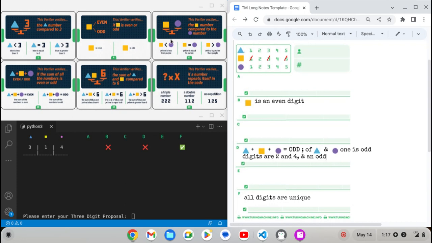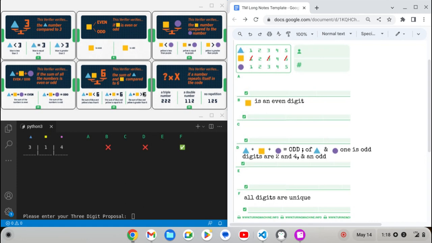Criteria C compares our square and circle. Again, we do have this 2 and 4, so that could potentially help us get closer to our code. And then we also have this sum. So out of all of that, what can we come up with as our proposal?